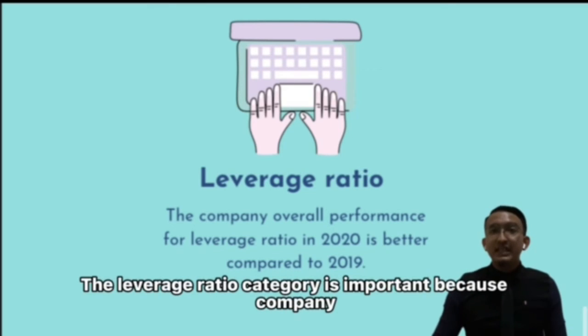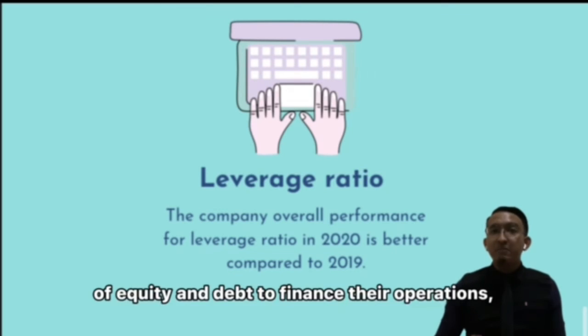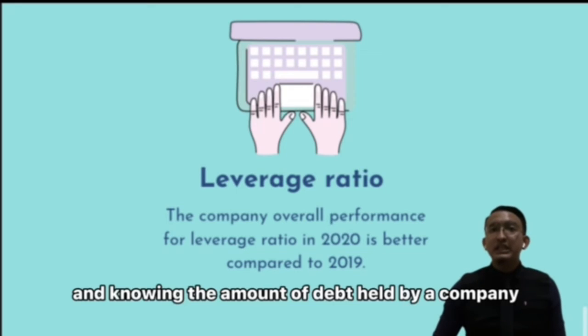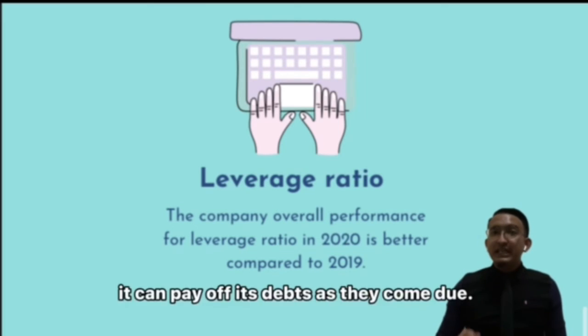The leverage ratio category is important because companies rely on a mixture of equity and debt to finance their operation, and knowing the amount of debt held by a company is useful in evaluating whether it can pay off its debts as they come due.